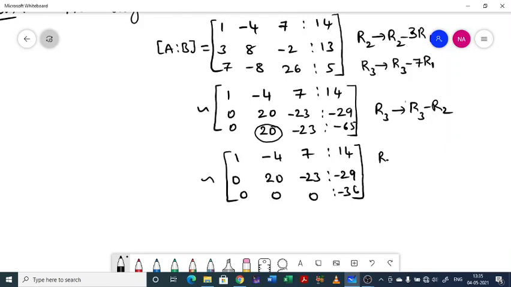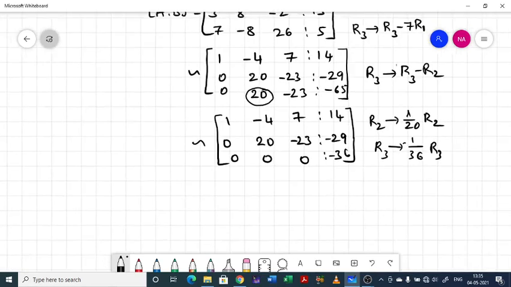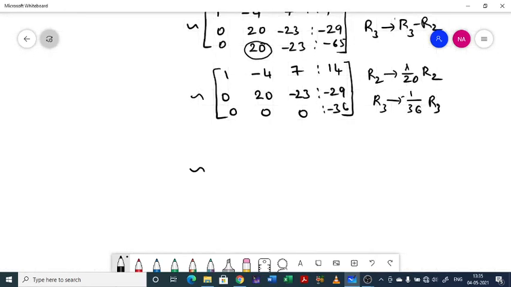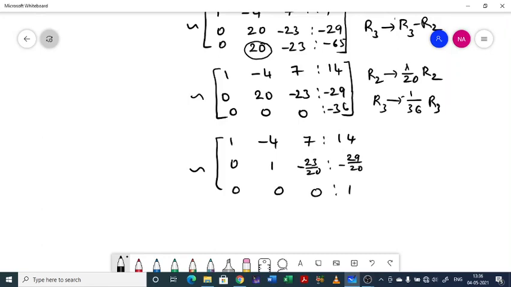So changing R2 to 1 by 20 R2 and R3 to minus 1 by 36 R3. Either you can conclude from here only, or you can make this. This will reduce to 1 minus 4 7 14, 0 1 minus 23 by 20 minus 29 by 20, and 0 0 0 colon 1.